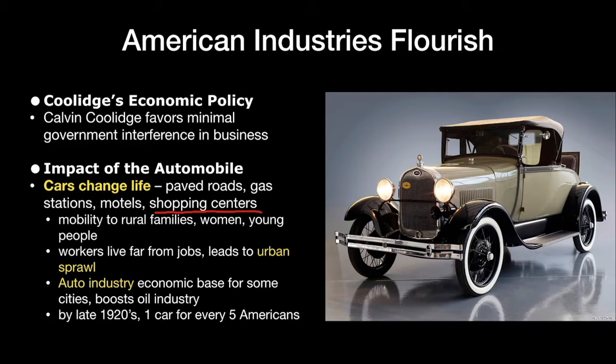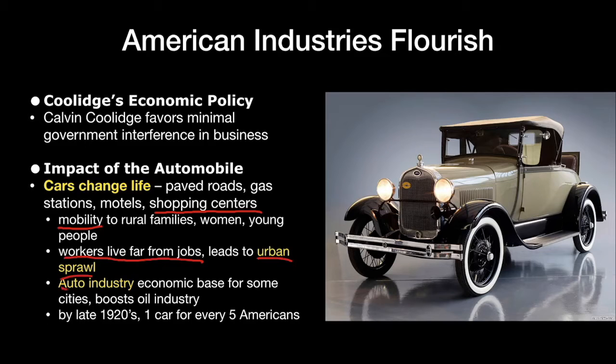So overall, the big deal we see here is mobility. People can now move. They can get to their jobs faster, which again allows cities to spread further outwards and suburbs become more and more popular. And it makes the quality of life for people a whole heck of a lot better. So workers are living further away from their jobs. We see urban sprawl.